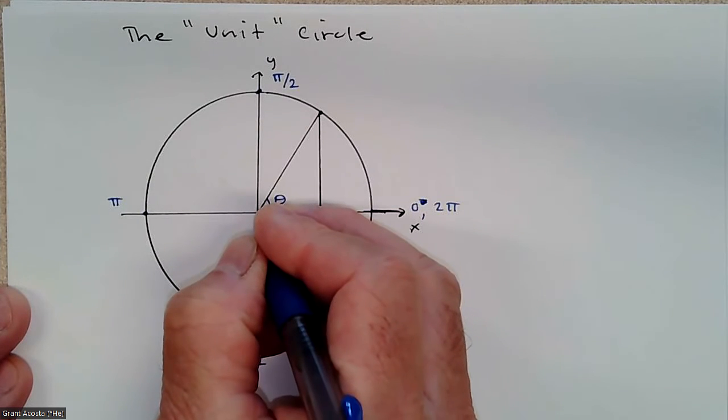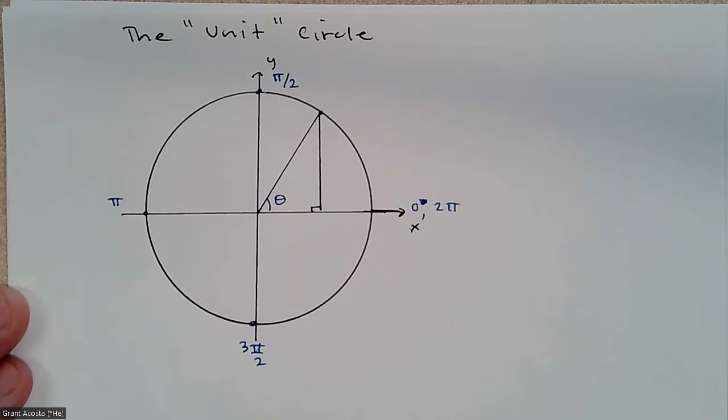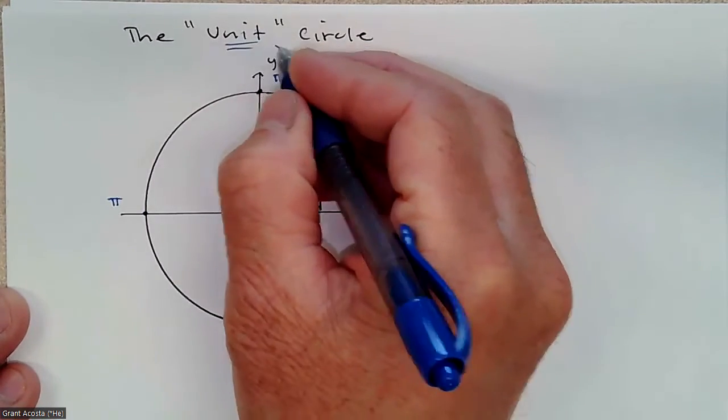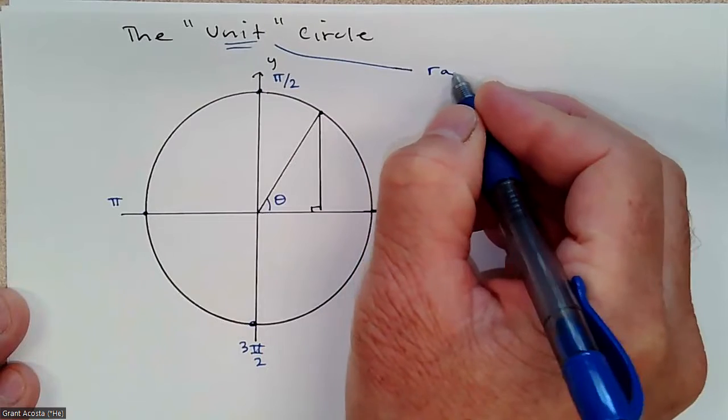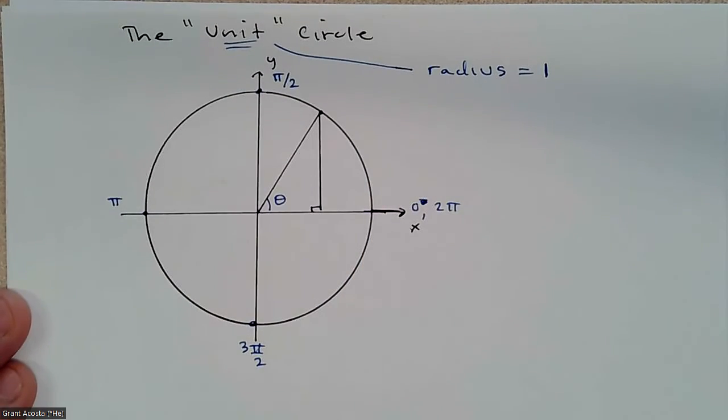So what I'm going to do to figure those out is I'm going to use what we call the unit circle. The unit circle just means, this term unit just means that the radius is 1 unit. And the minute I wrote unit circle, I'm going to bet many of you said, oh no, here it comes.